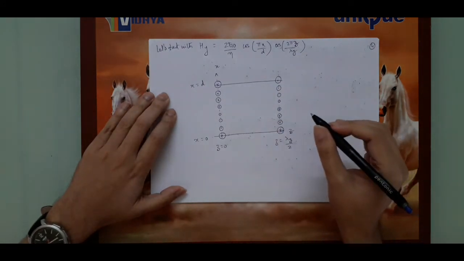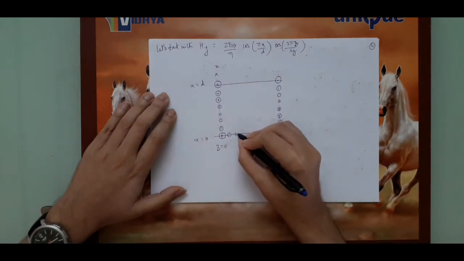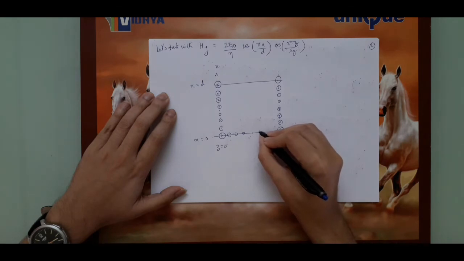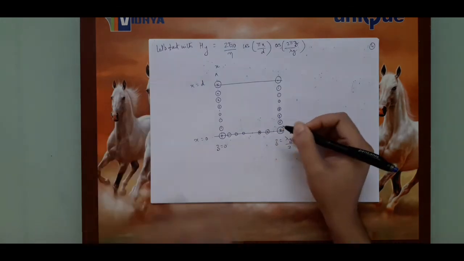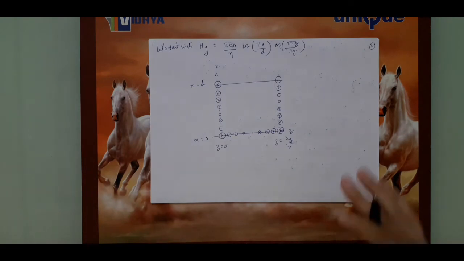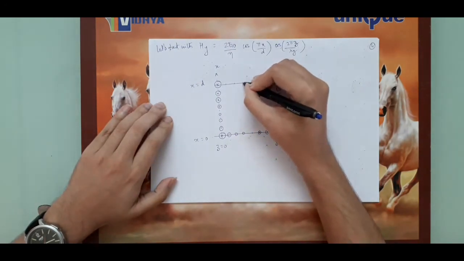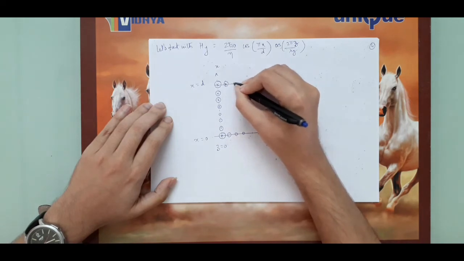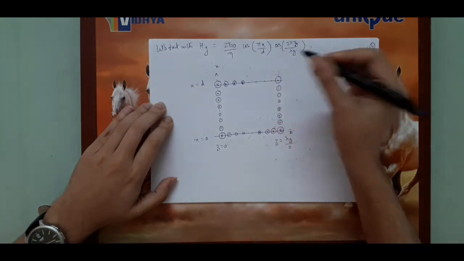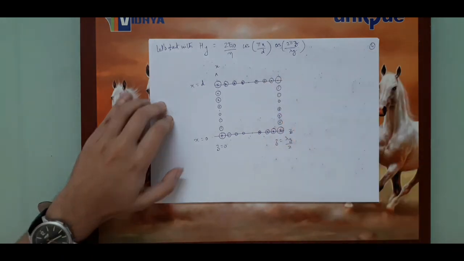And likewise over here, again you will have a small dot, bigger dot, and even bigger dot.